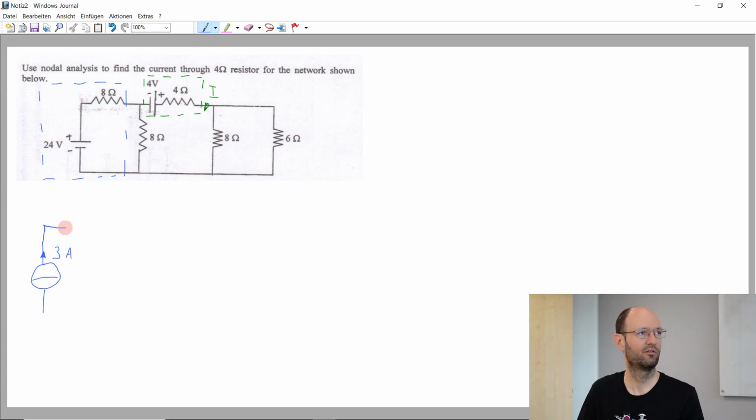So now, if you allow me, I will use the German European resistor symbols. So this is 8 ohm, and so this is the redrawn blue part of the circuit. Then we have another 8 ohm resistor.